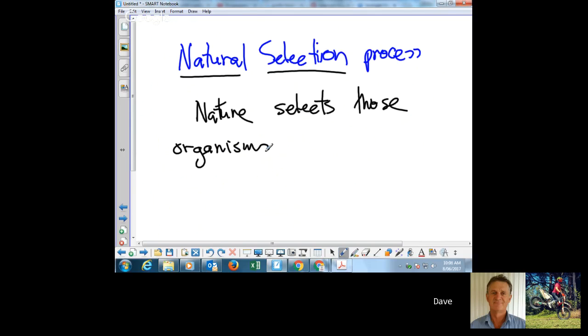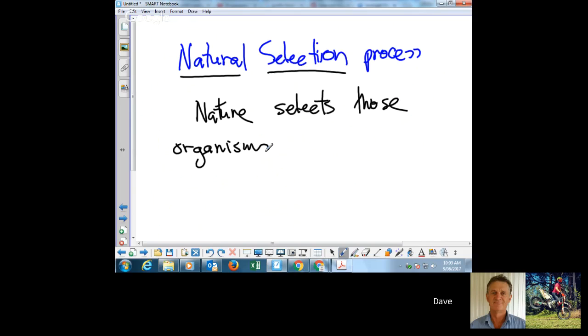Which organisms will it select? Remember the giraffes? We had the tall ones with the long necks, sorry, and the short-necked ones. Which ones did nature select to survive? Because they were, meaning that they were better adapted.